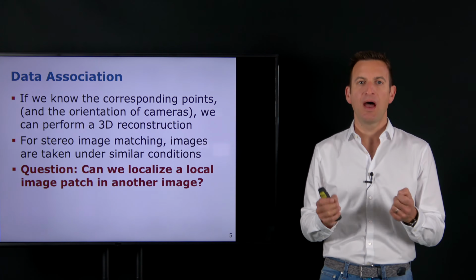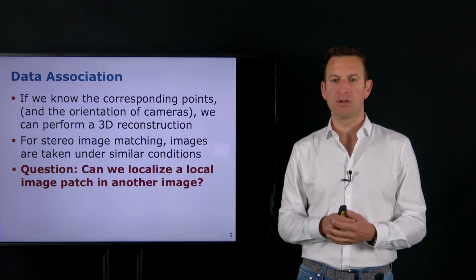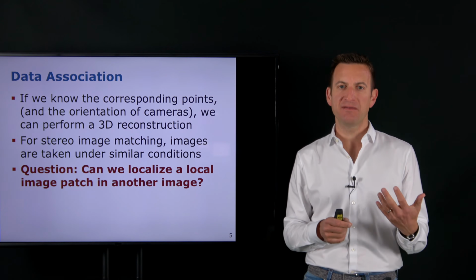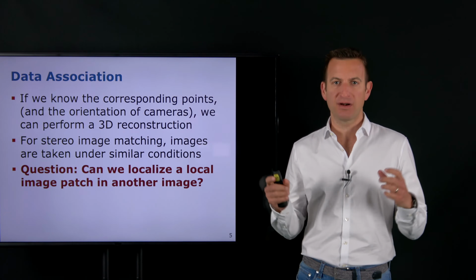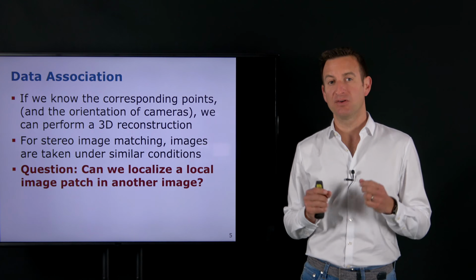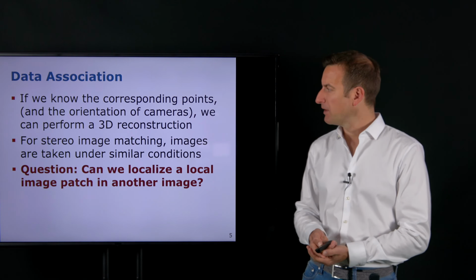So the question is, how can we locate a point, or let's say a local patch, a local region that I have given from one image in another image? So you basically have a small query or template image, which is a tiny, small region, and you want to locate that in the other image.